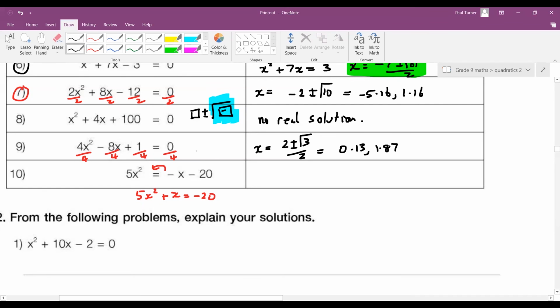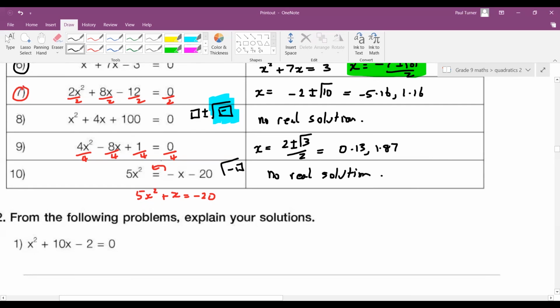If you've already done your homework, you should play with these a bit and try and get them to work properly. And this one here also has no real solution because of this root negative number here when you try to solve it. No real solution in this one. And that does happen sometimes.